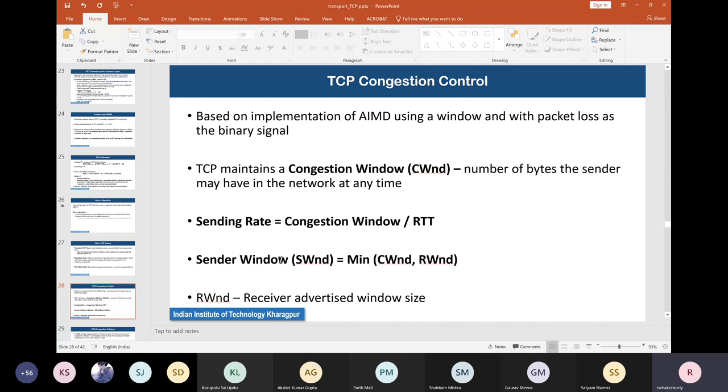One factor is the party with which I am directly communicating. TCP is point to point, exactly between two parties. There is no TCP connection with more than two parties. Every TCP connection has exactly two parties. One of them is that the receiver window information is sent by exactly the party with which I am now communicating.